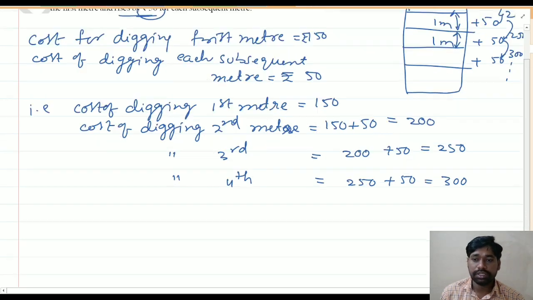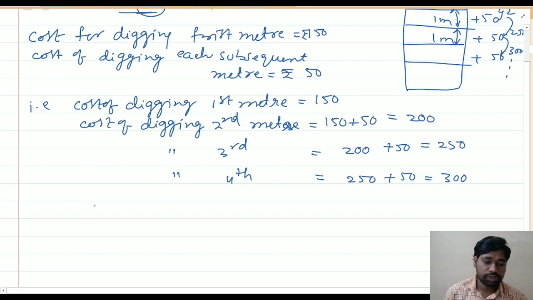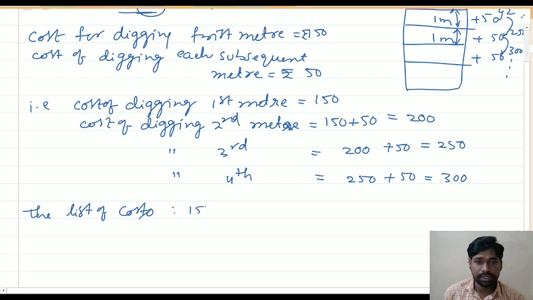So you can see the list of numbers. The list of costs is first 150, then 200, 250, 300, and so on.